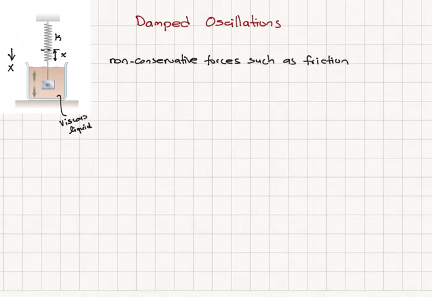the effect of the friction is that mechanical energy is converted into internal energy. So there will be energy loss, mechanical energy loss in the system, because the mechanical energy is used to heat the system, basically turning into heat, and that's going to increase the internal energy of the system.